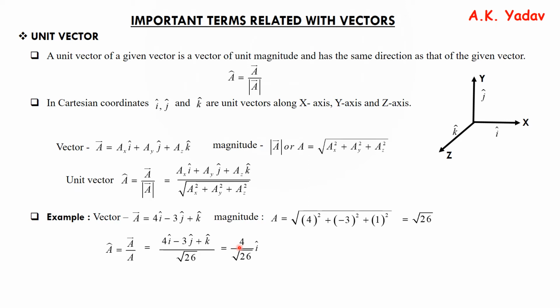This can also be written as 4 by under root 26 i cap minus 3 by under root 26 j cap plus 1 by under root of 26 k cap. Now if you want to find out the magnitude of this unit vector, that will be equal to under root of 16 by 26 plus 9 by 26 plus 1 by 26, that is 1.